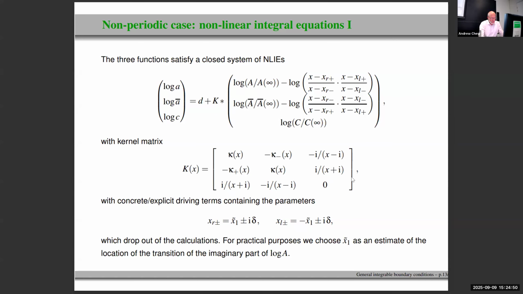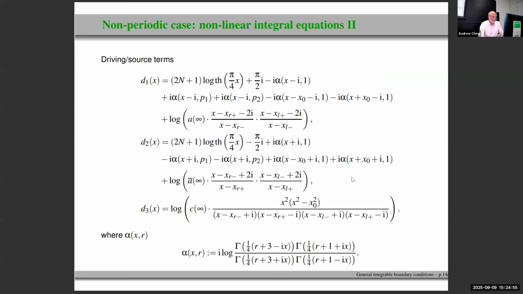I don't want to talk too much about this, and I would love not to show you the driving terms, but here you see, before we had just system size times log of hyperbolic tangent, and that's it. But here there come logarithms of gamma functions, logarithms of rational functions, and also for the third function there comes a logarithm of a ratio of some function.